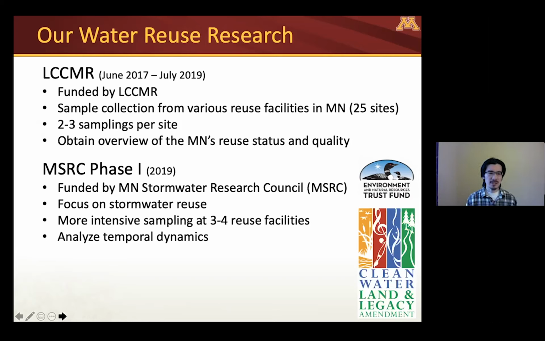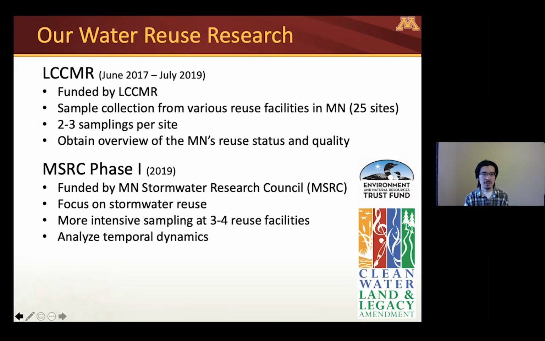In the MSRC phase 1 research, we focused on stormwater reuse because most of the water reuse facilities in Minnesota use stormwater or rainwater. And we intended to collect more samples more intensively during the reuse season.